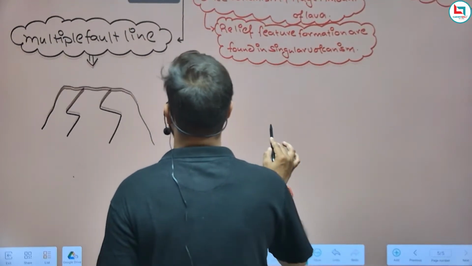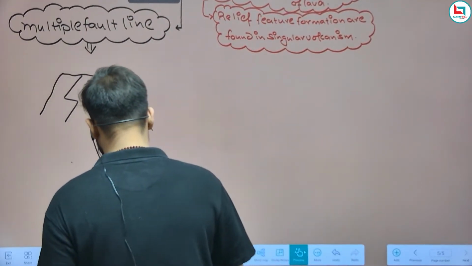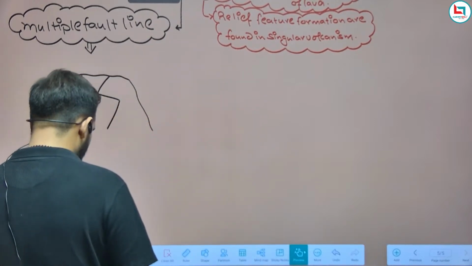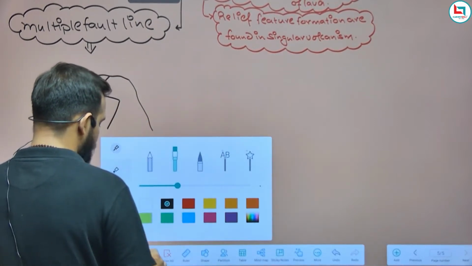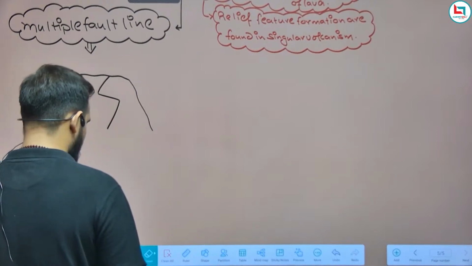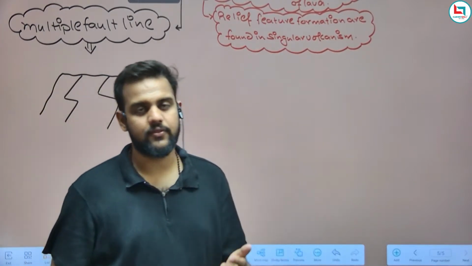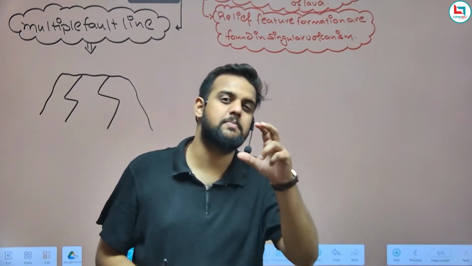You people have seen National Geographic or the Discovery Channel. There you have seen pictures of volcanism, or the volcano. There you have seen the lava which is black in color.